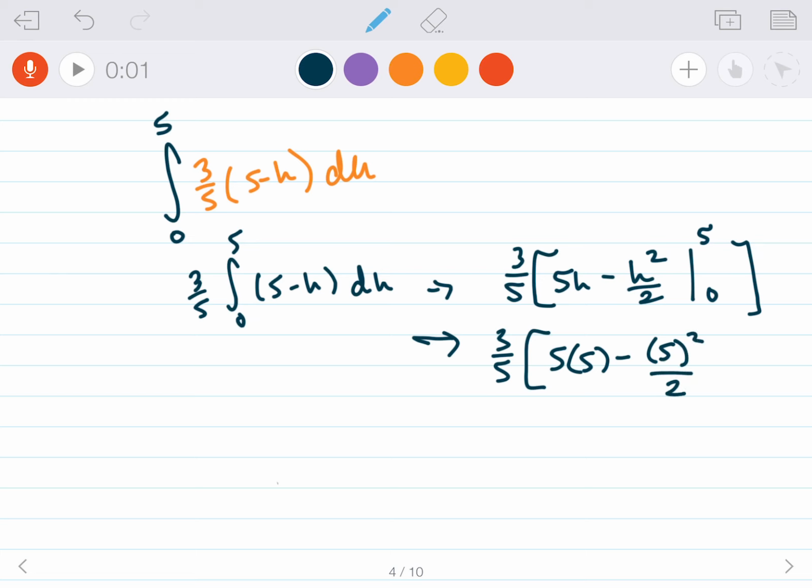When we plug 0 in for h, it's all going to go to 0. It's going to end up being minus 0 by the fundamental theorem of calculus.